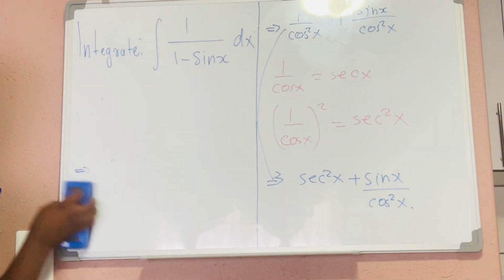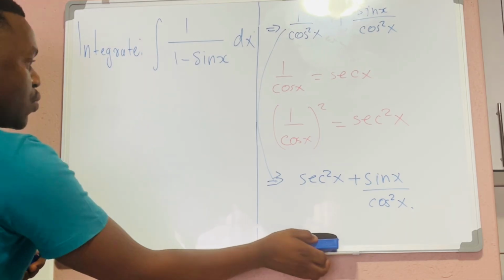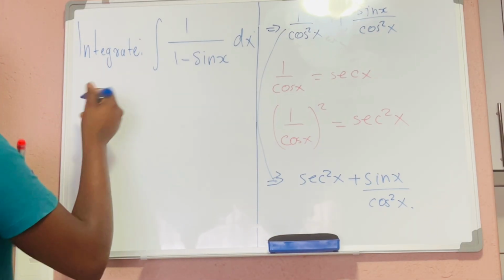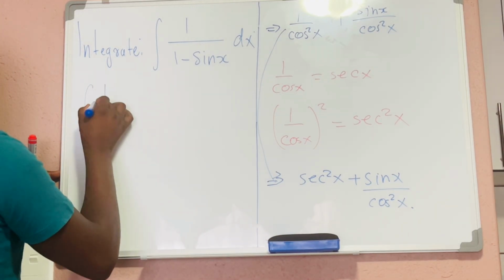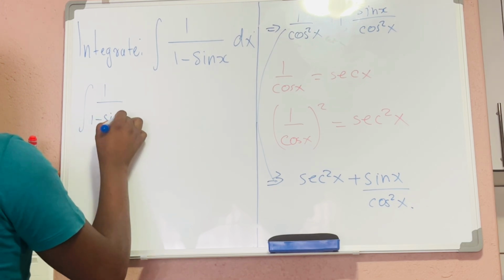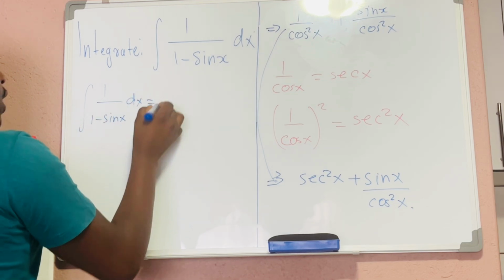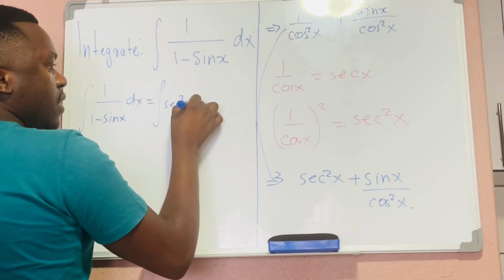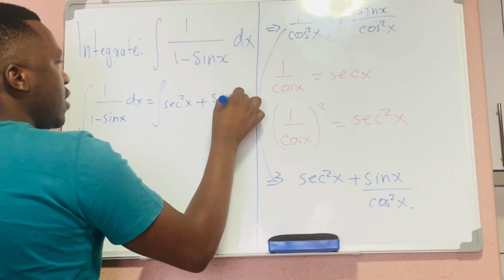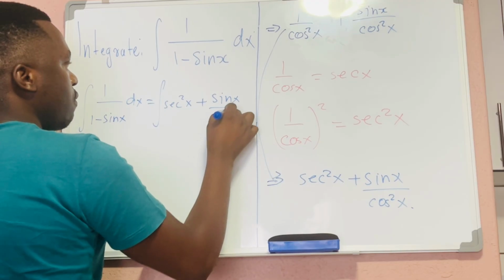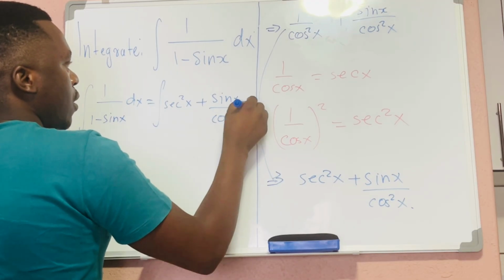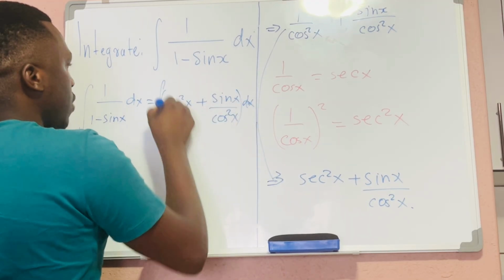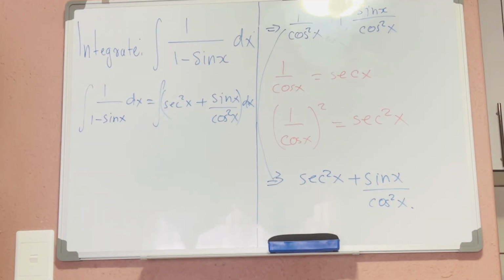Now I'm going back to the problem that I'm supposed to integrate. So the integral of 1 over 1 minus sine of x dx is actually integrating the secant squared of x, then plus the sine of x over the cosine squared with respect to x. So this is what I have, right?